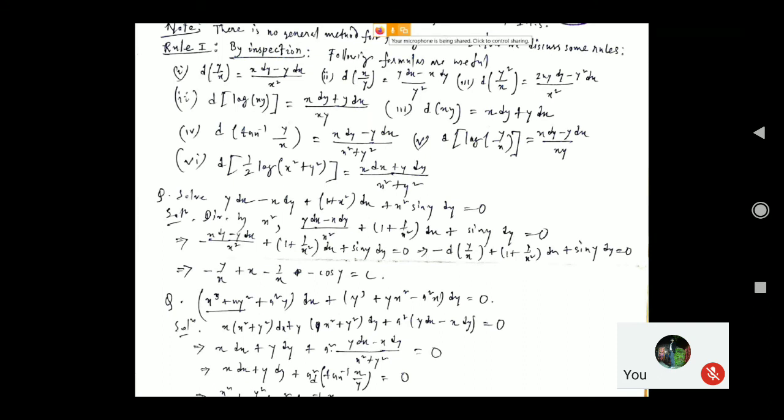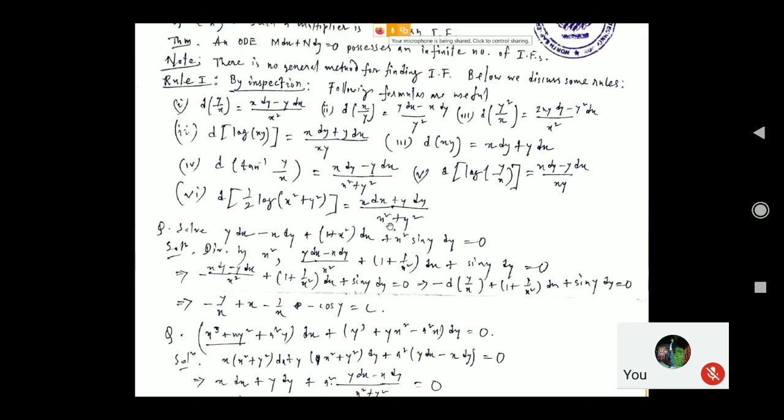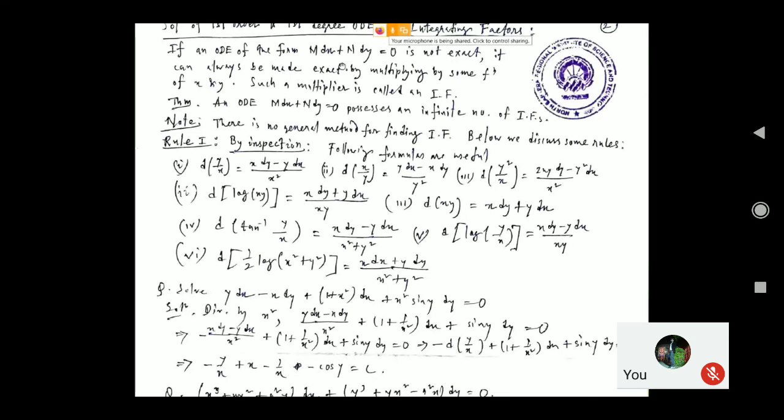You can see it is not directly in the form M dx plus N dy that we were discussing previously. Now there are several terms. We can also put it in this form by taking dx common and dy common, but still it may not be exact. We can apply other methods. This one we can actually solve by the inspection method.